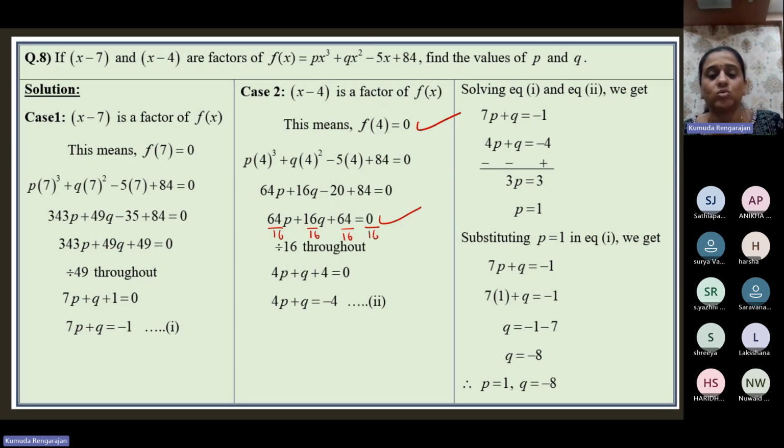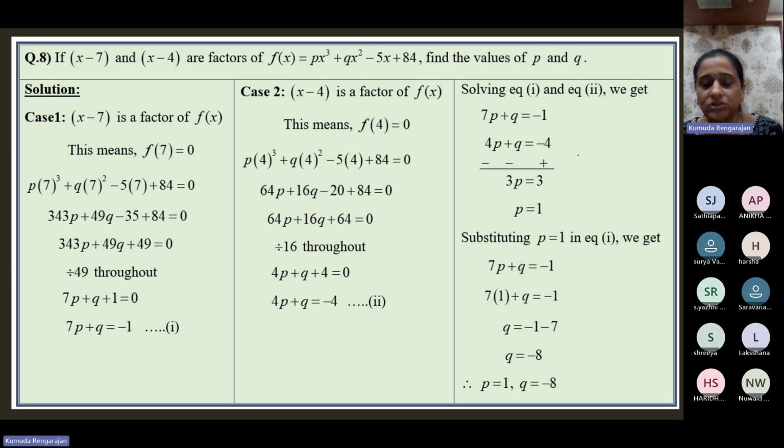So 4p, 16 and 16 cancel, so plus q, and plus 4. 0 by 16 is 0. Now when you bring the constant to the other side, plus 4 becomes -4. So the equation is 4p plus q is equal to -4.